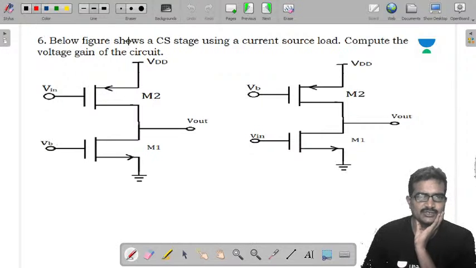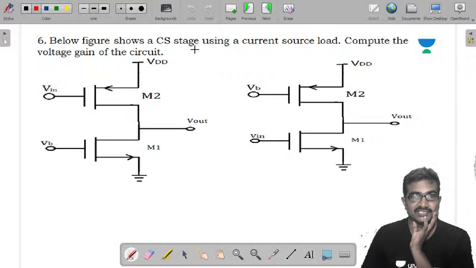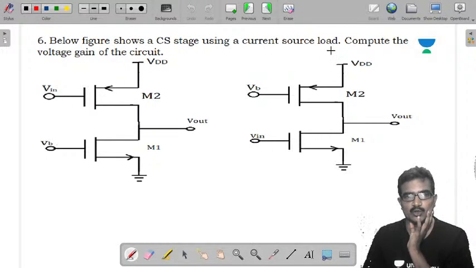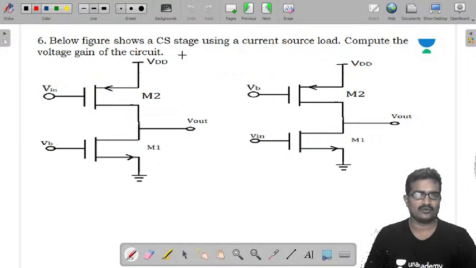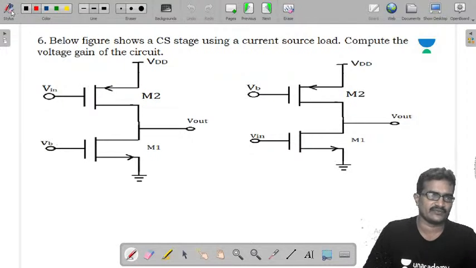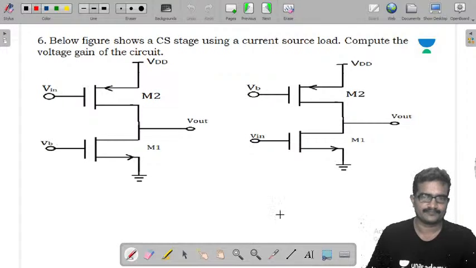Now, below figure shows the common source stage using a current source load. Compute the voltage gain of the circuit. First I am going to calculate this part.